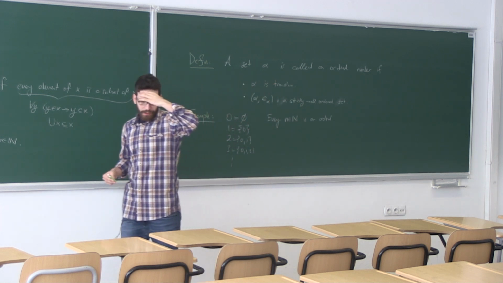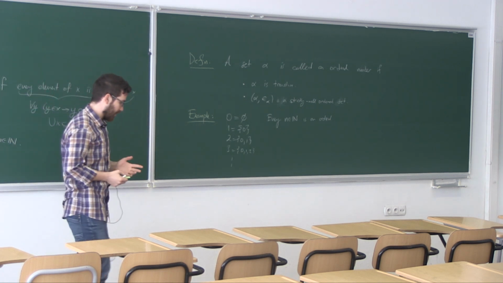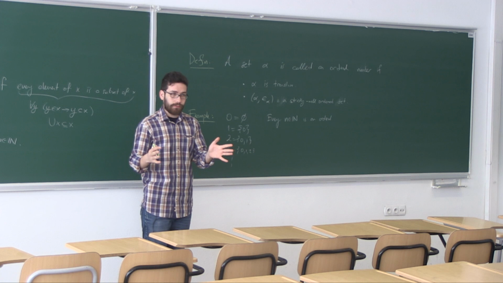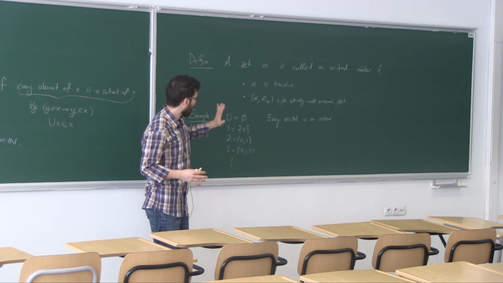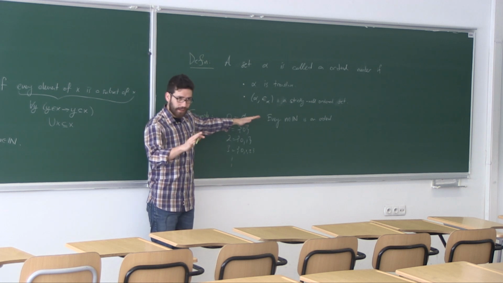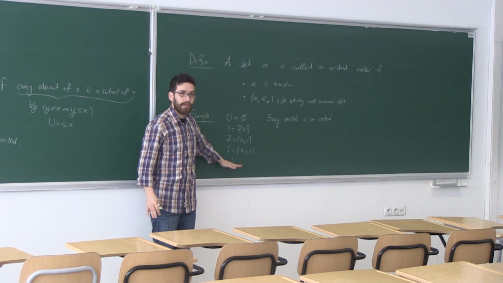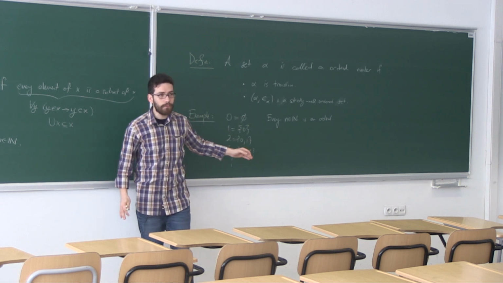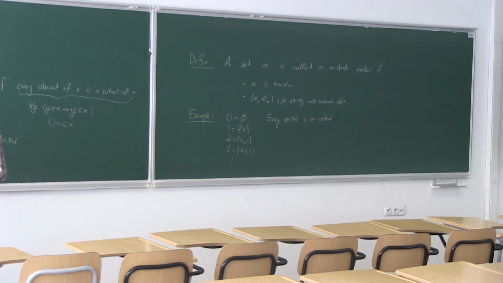At this point, the picture of ordinals, whatever that is, should not be clear to you, and it's going to stay that way for some time. For now, the only examples of ordinals you know are these guys, the natural numbers. I'm going to construct more, but before that, I want to prove various basic facts about ordinal numbers.